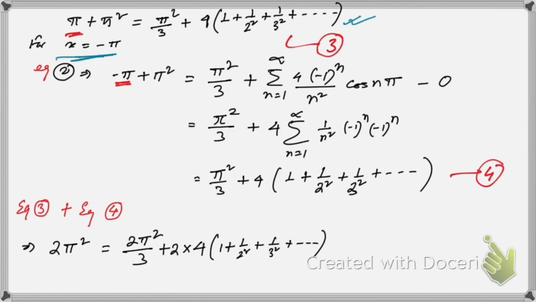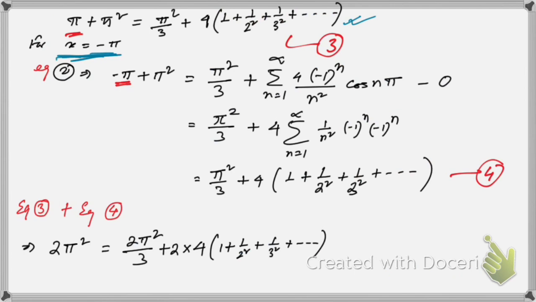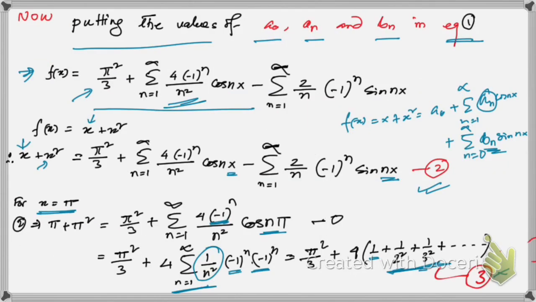And if you put x is equal to minus pi here and here, then you are going to get this result. Hope you have understood how we have got this. So you put x is equal to minus pi in this equation: minus pi plus minus pi square.